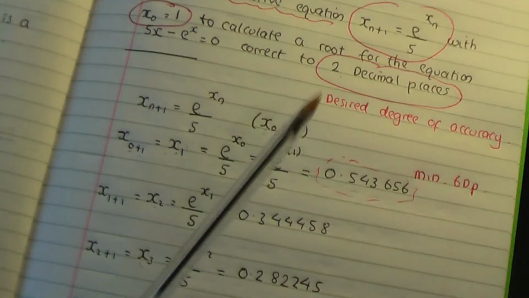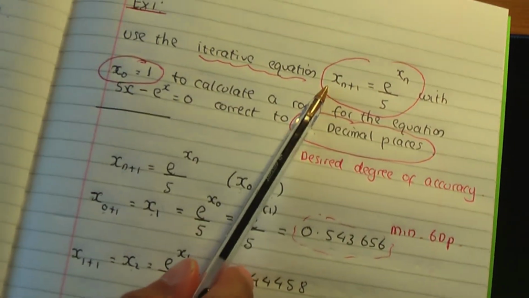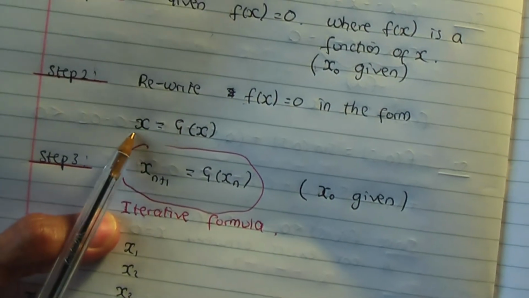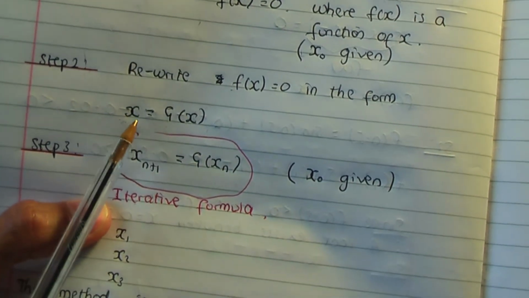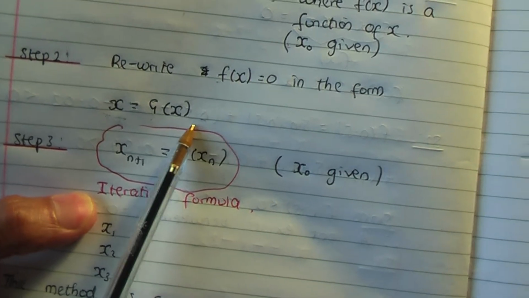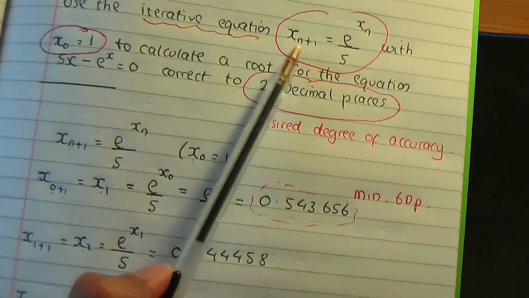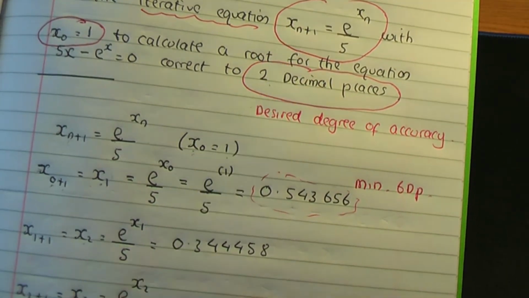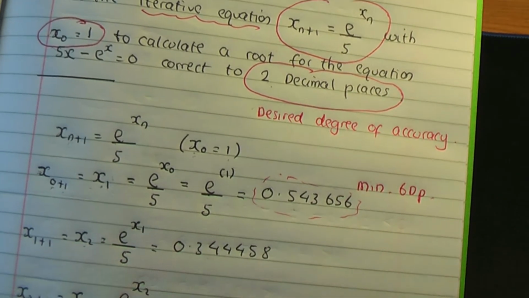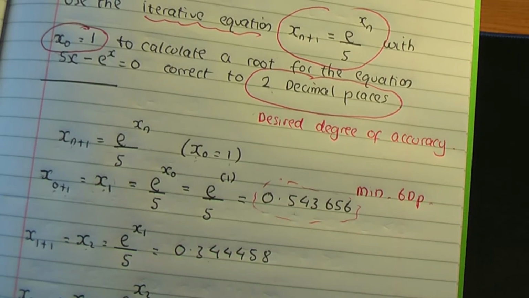I'm going to graph y is equal to x. Okay, so the left hand side, x n plus 1, that comes from x from step number 2. So I'm going to graph y is equal to x and y is equal to g of x. So I'm going to graph y is equal to x, the left hand term, and y is equal to e to the x divided by 5, the right hand term.